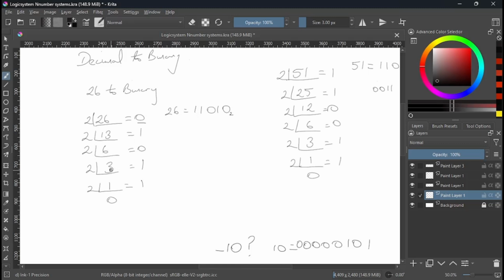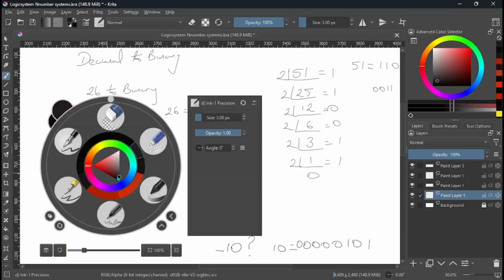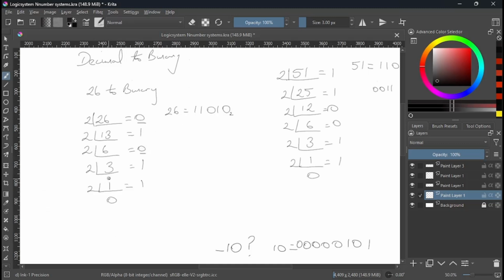You're writing it down here. Remainder 0. And 2 into 3 will be 1. Remainder 1. 2 into 1 will be 0. Remainder 1. So that's all you do.